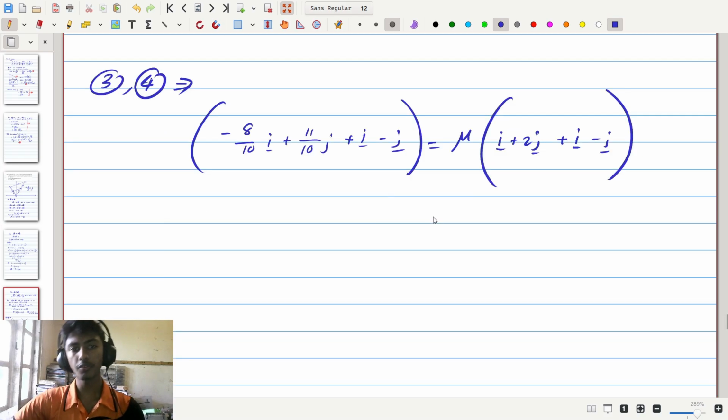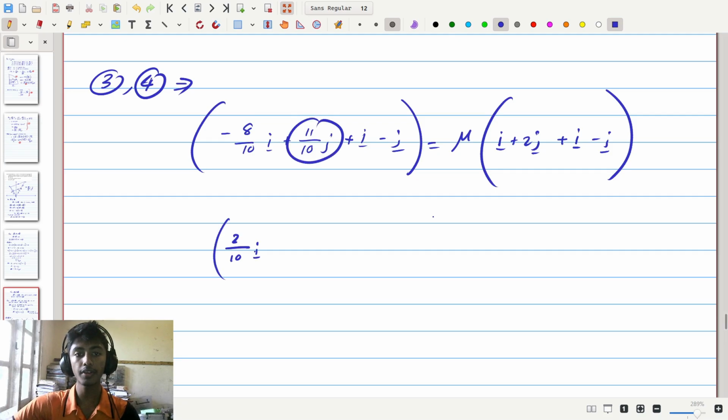So simplifying both of these down, on the left hand side we have negative 8 over 10 plus 1, which is 10 over 10, which becomes 2 over 10. So we have 2 over 10 i vector, and for the j part, we have 11 over 10 minus 10 over 10, which becomes plus 1 over 10 j vector.